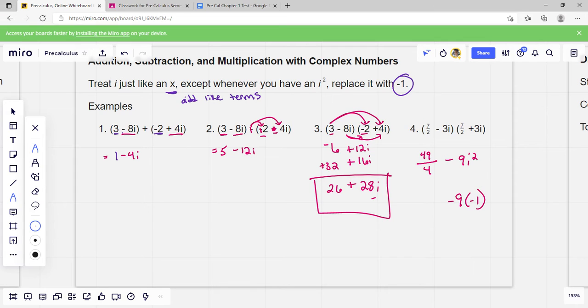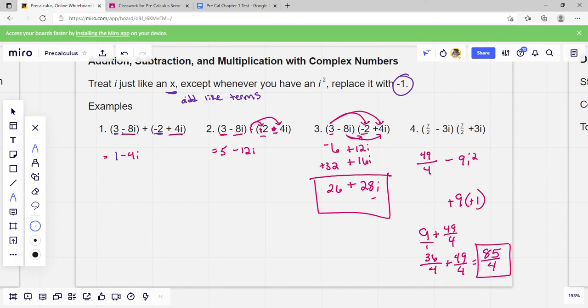Actually, negative 9 times negative 1, which would be positive 9. So we're going to end up with 9 plus 49 over 4. And then to solve that, we'll have to change that 9 into fourths. So 9 times 4 is 36 over 4 plus 49 over 4. And we're going to get 85 over 4. And that's the answer for that one.